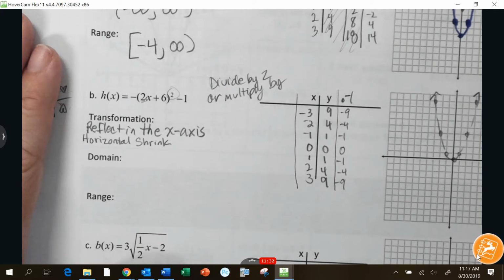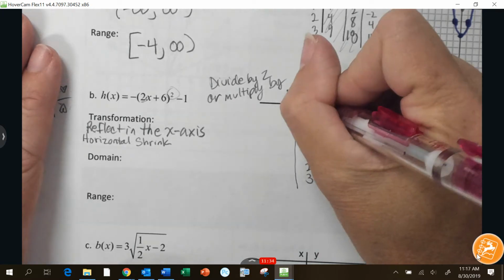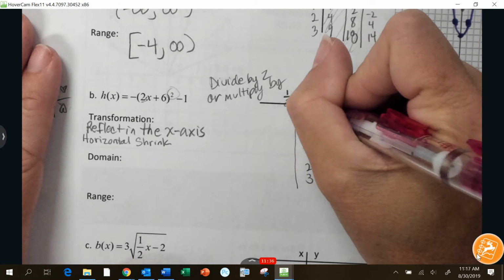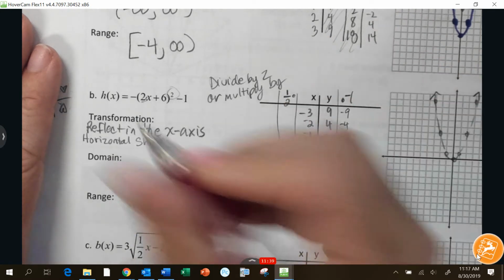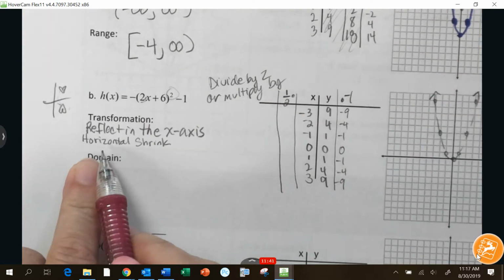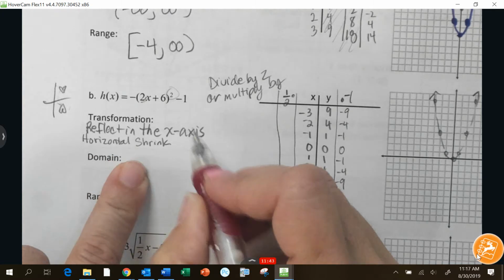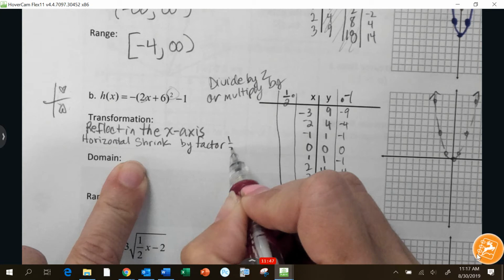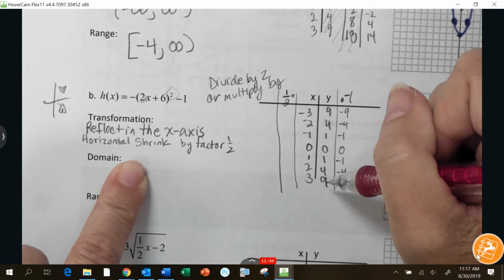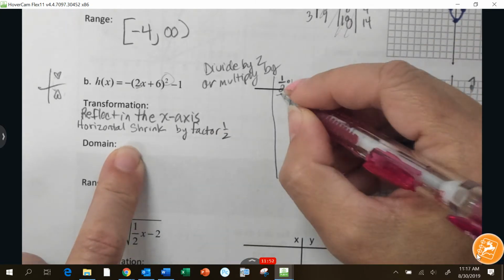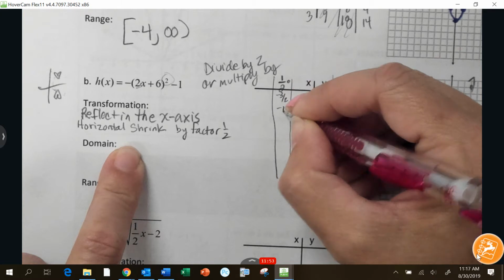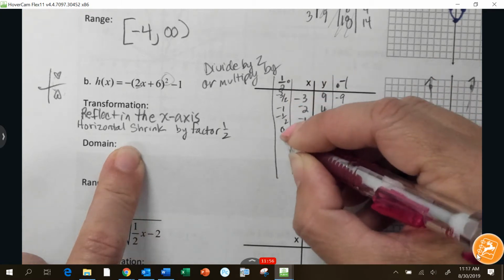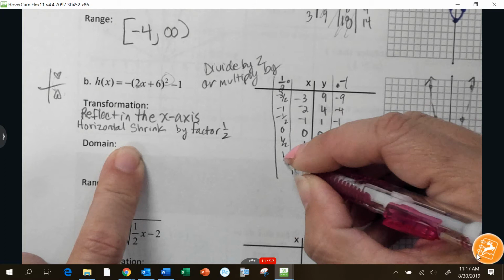So instead of dividing by a number, we multiply by its reciprocal, which is doing the opposite operation. So I'm going to multiply everything by half. And because I'm multiplying by half, when you write this, you write horizontal shrink by factor 1/2. So you're shrinking by multiplying by half. So you get -3 halves, -1, -1/2, 0, 1/2, 1, 3 halves.